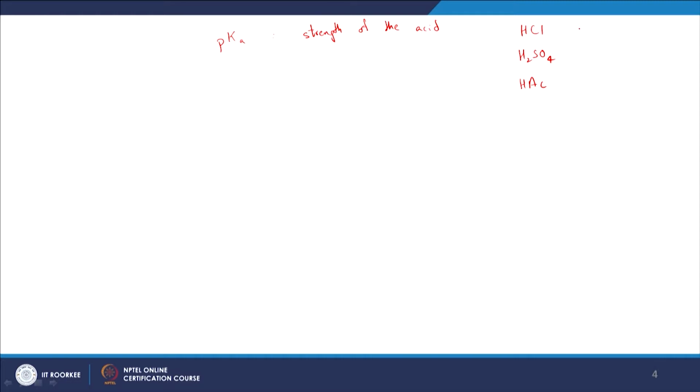So why is that? If I look at the pKa values, maybe for HCl and so on, I think it is 0 or near about 0, right. For acetic acid we see that it was around 4.7 or 4.3, I am not sure. So based on this, what do I know when the pKa of my particular acid is very low, what does that mean?